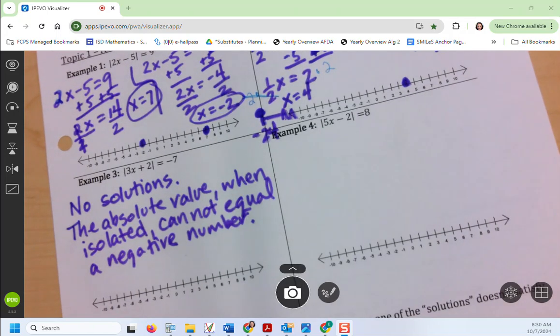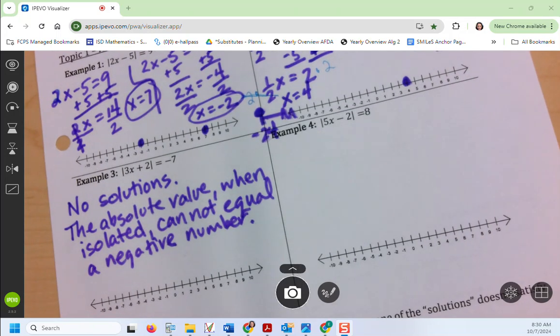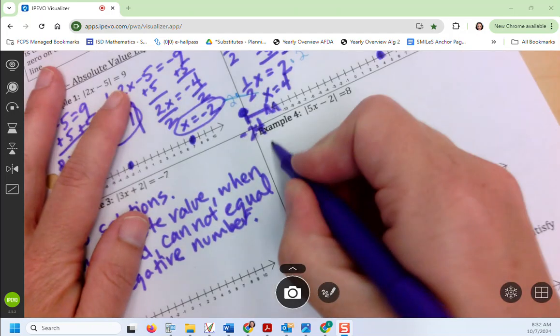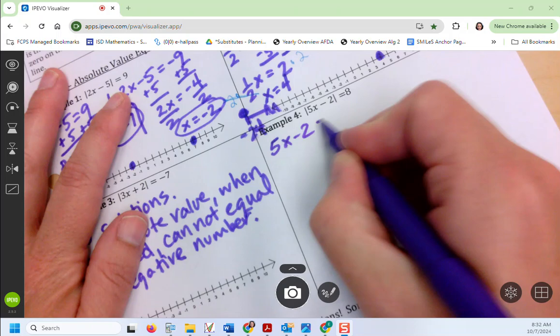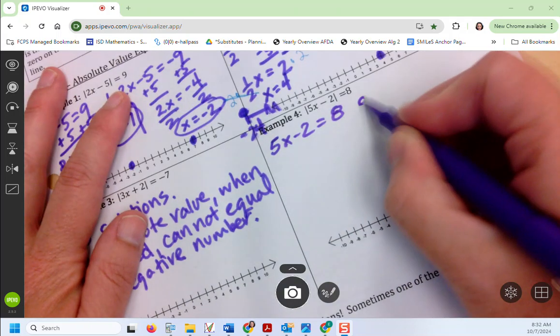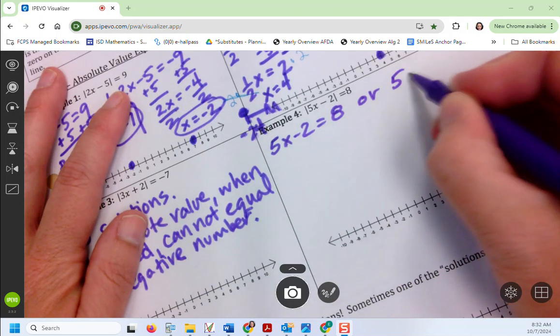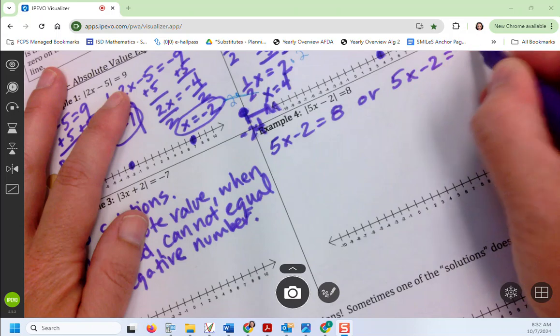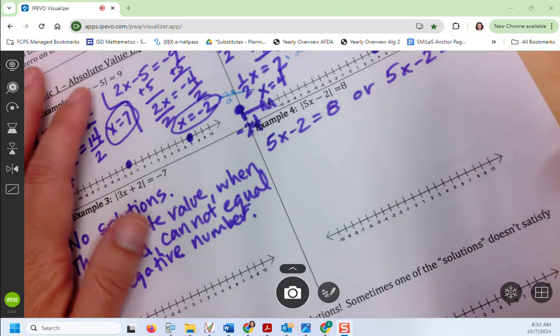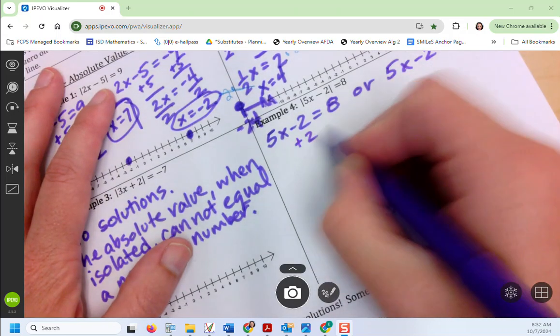All right, so you guys go ahead now and do example 4. Okay, so 5x minus 2 might equal 8, or might equal negative 8, right? I'm going to add 2.